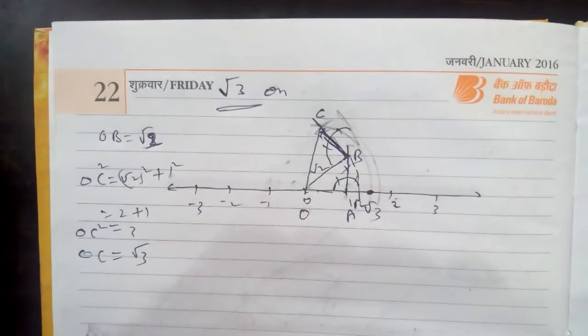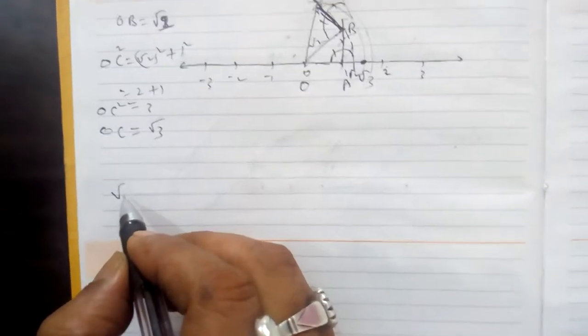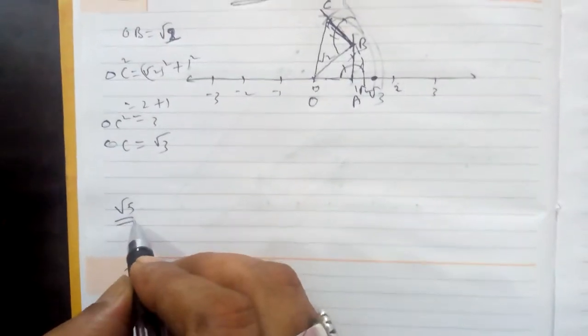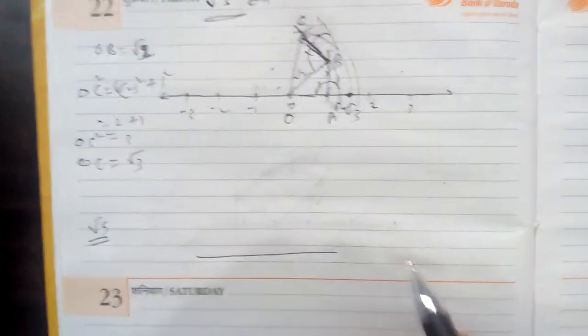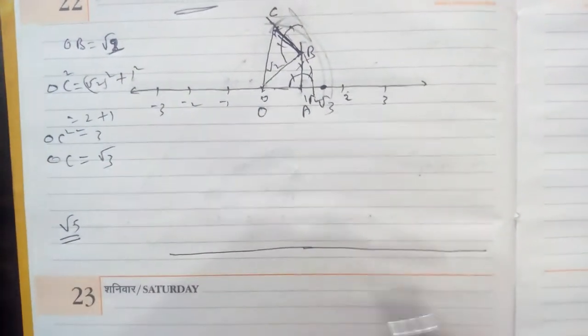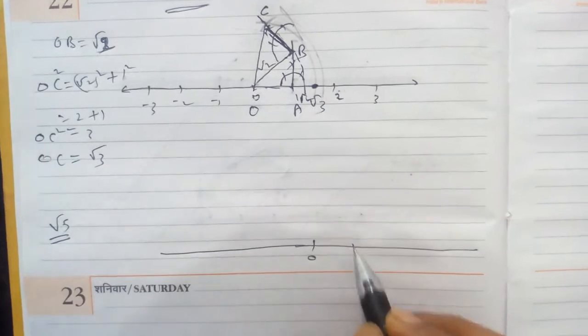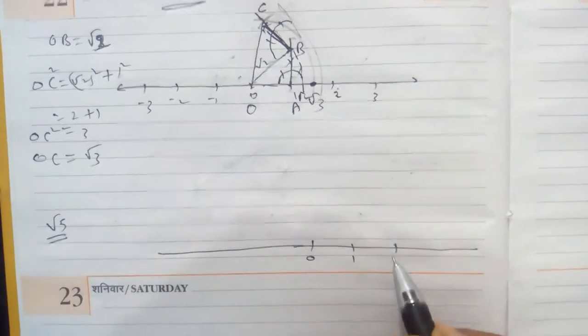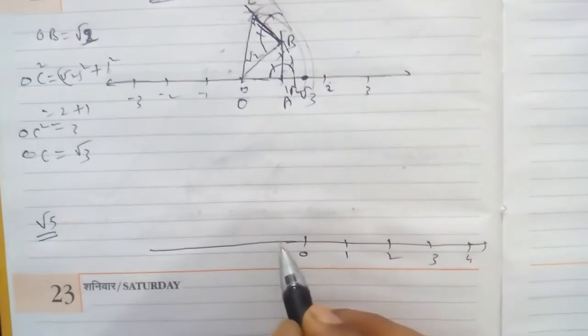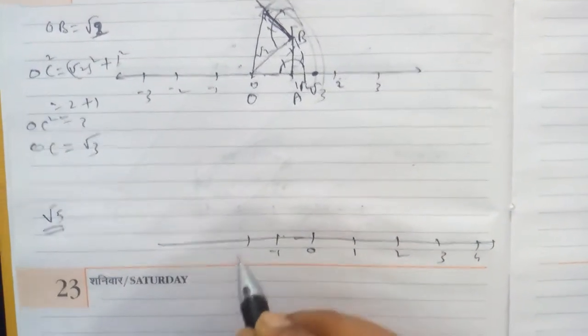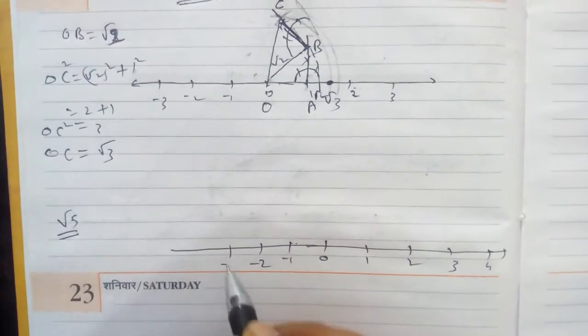So how will you plot root 5? Now, how will you plot root 5? Root 5 will be the same process. 1, 2, 3, 4. Here -1, -2, -3.